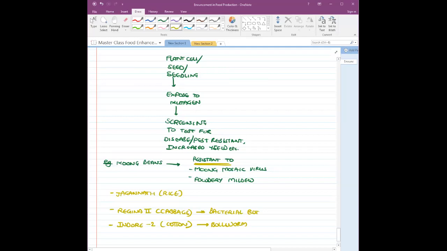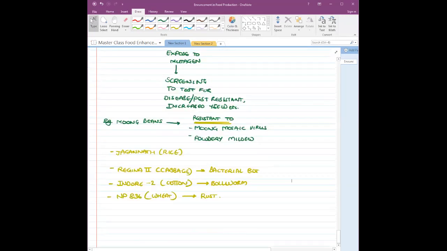Also there is another one, NP836. This is a variety of wheat, and this is resistant to brown rust, so this is against rust. So this is how we have some of the plants which have been obtained by mutation breeding.